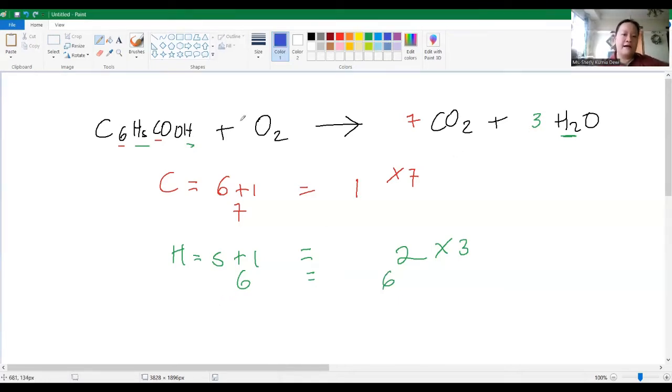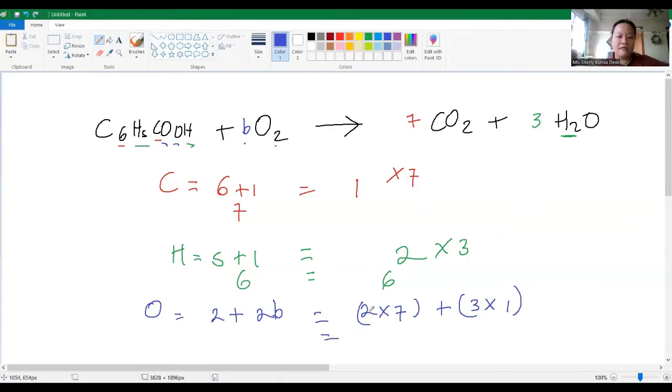How about the oxygen? The oxygen here, I will imagine it as b. Yeah. So you have in the reactant 2 oxygen plus 2b, because this one is 2 times b. Okay. And then here you have 2 times 7 plus 3 times 1. Okay. You calculate it. 2 times 7 is 14 plus 3, so it will be 17.